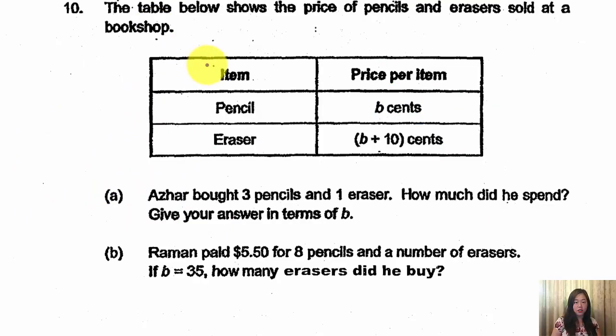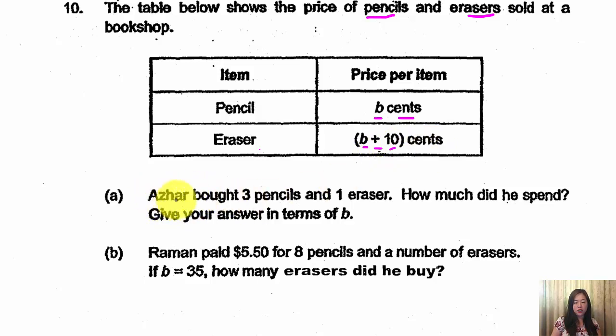Now we are at question 10. The table below shows the price of pencils and erasers sold at a bookshop. Items, price per item: pencil, B cents; eraser, (B plus 10) cents.